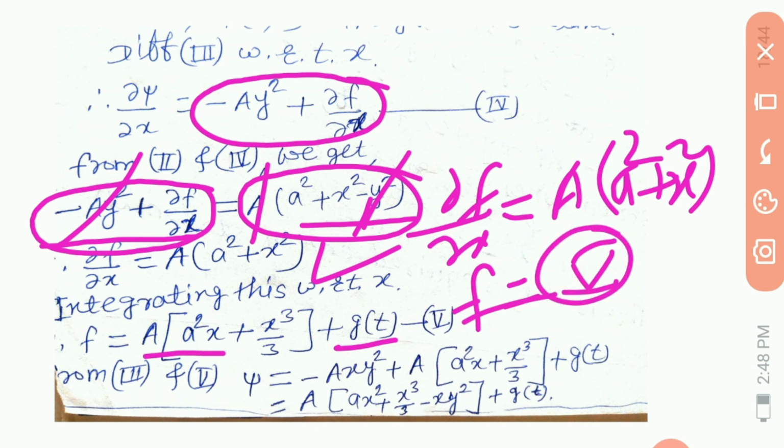And from 3rd and 5th, equation 3rd and 5th. So equation 3rd is psi is equal to minus a x square y plus f of x, t. So from 3rd and 5th, we get psi is equal to a x minus a x y square plus a into a square x plus x cube by 3 plus integration constant g of t, and we get this.